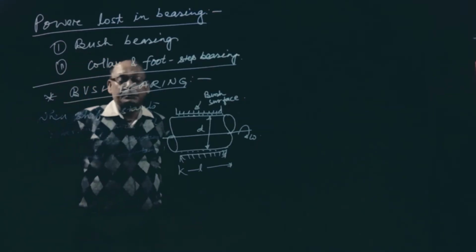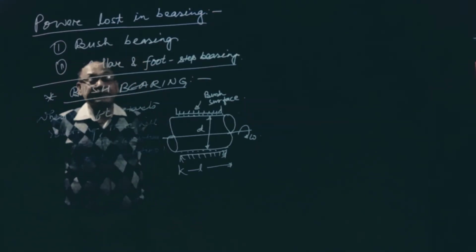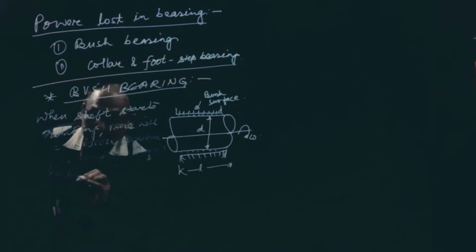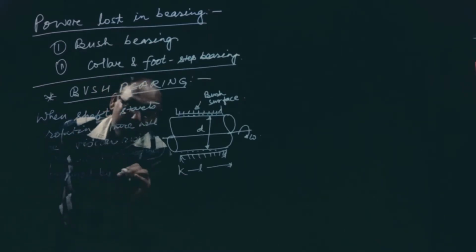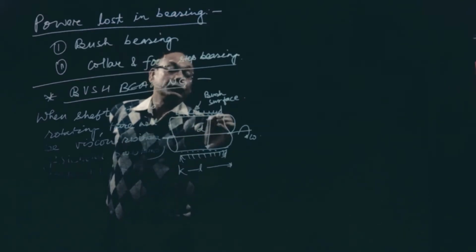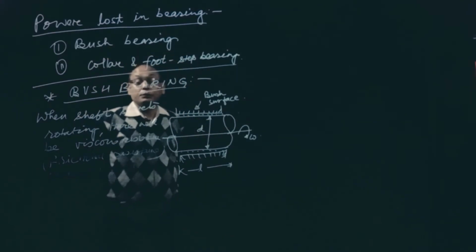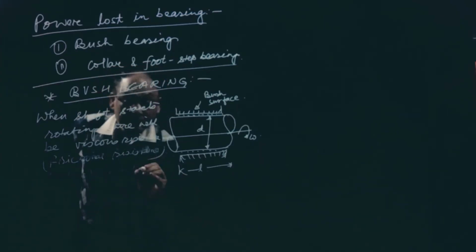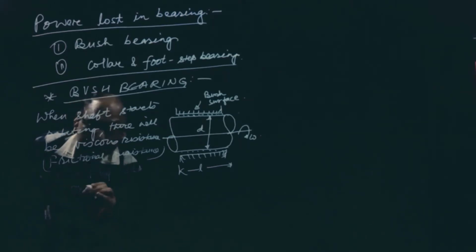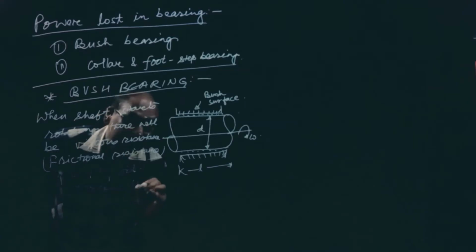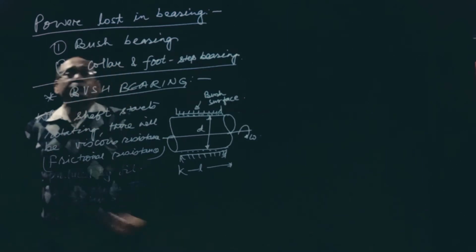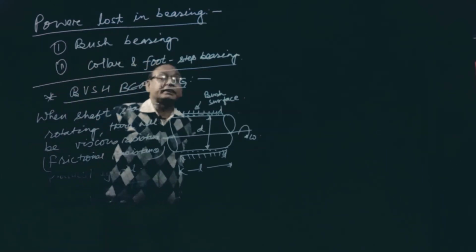Because it starts rotating and it is filled with oil, there will be viscous resistance produced by the oil. We have to overcome or reduce this resistance. This is not good because it will affect the movement of the shaft.